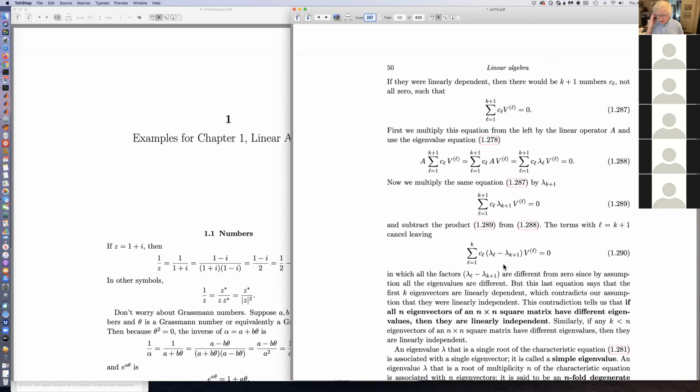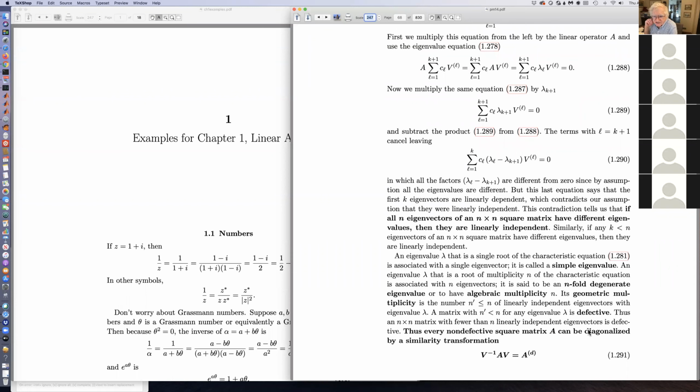All these numbers are different from zero because we assume the eigenvalues are all different, but that would mean that these k vectors are linearly dependent, but we assumed that they were linearly independent. So this tells us that if all n eigenvectors of an n by n matrix have different eigenvalues, then they are linearly independent. And if any subset has different eigenvalues, then those ones are also linearly independent.